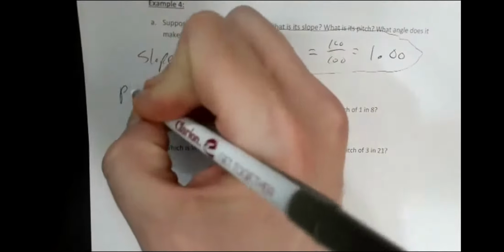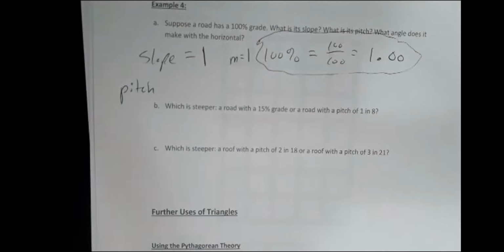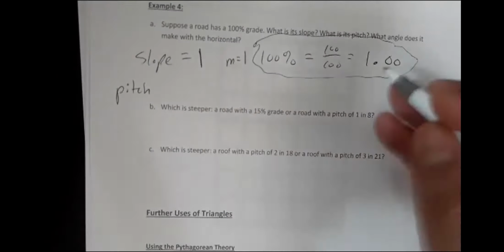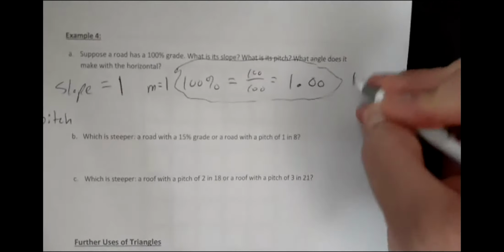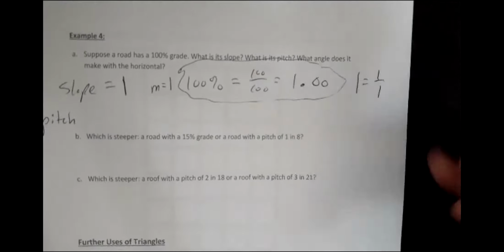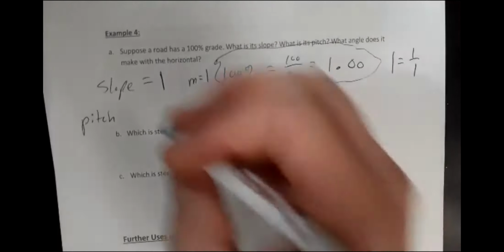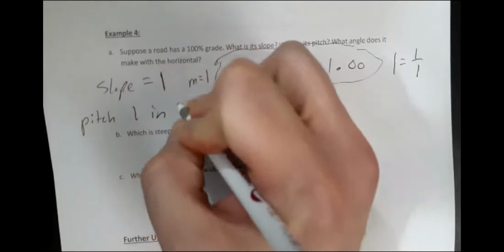What is my pitch? I kind of talked about this. If this is 1, I can always write 1 as being 1 over 1. And so my pitch is going to be 1 and 1.